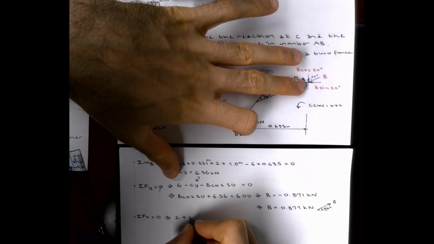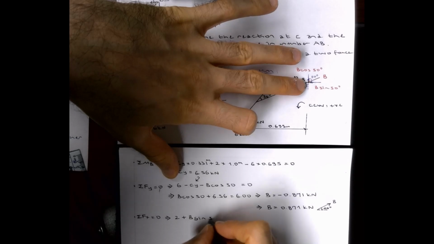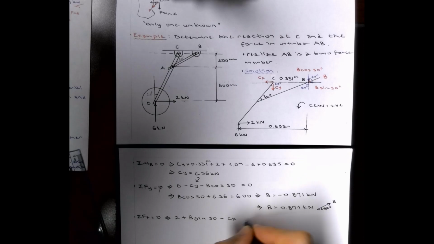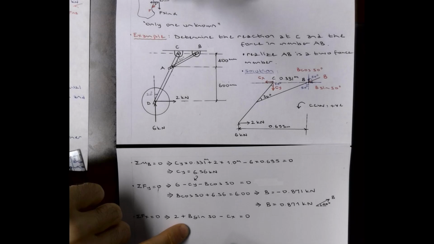B sine 50, it is going to be positive, minus Cx equal to 0. So Cx would be 2 plus 0.871 times sine 50. It's going to be 2.67.